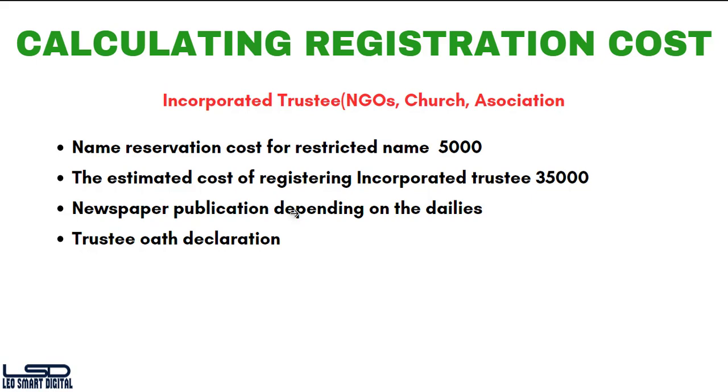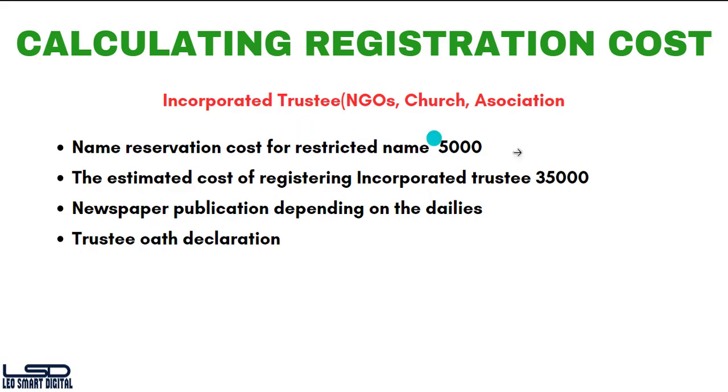Now we also have oath declaration, which also costs depending on whom you are using. If you go to some courts, the stamp may just be 700. Depending on the number of trustees, when you do it yourself, you may not spend up to 5,000 on oath declaration. So this has given you a guide on the estimated cost.